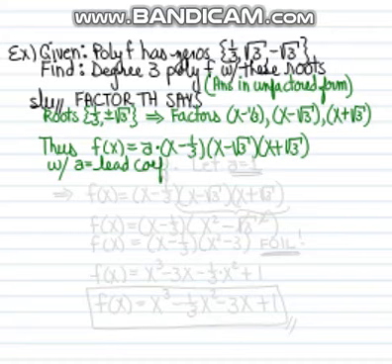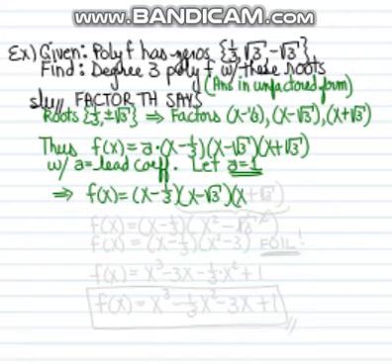Now that could be any number. Let's all agree to make it simple and call the lead coefficient a equal to 1. Doing that means we have f of x equals simply x minus 1/3 times x minus the square root of 3 times x plus the square root of 3.